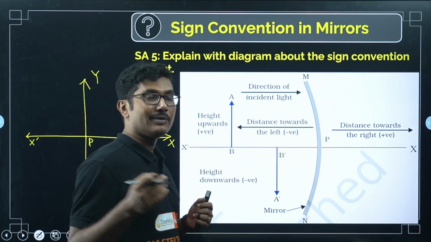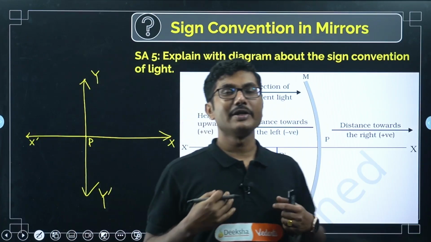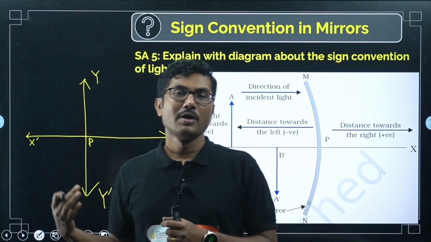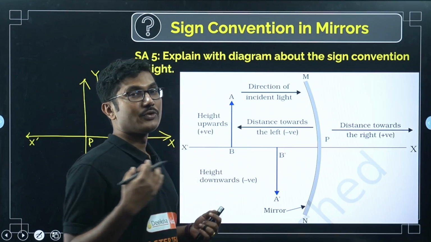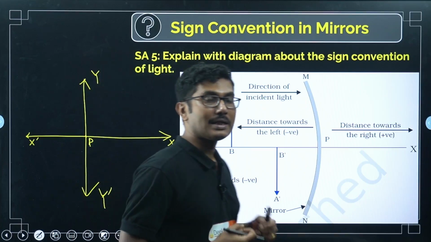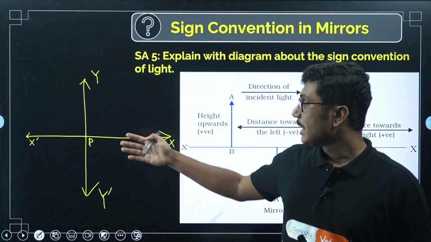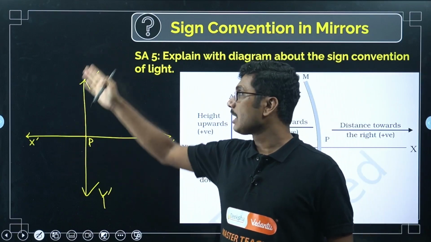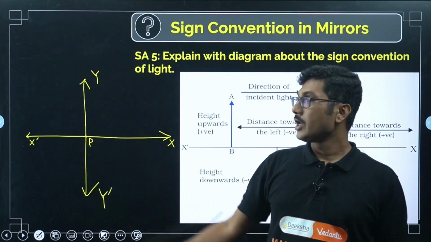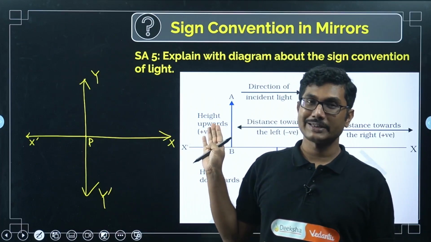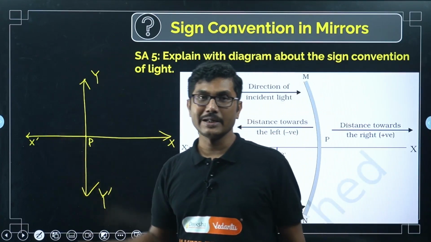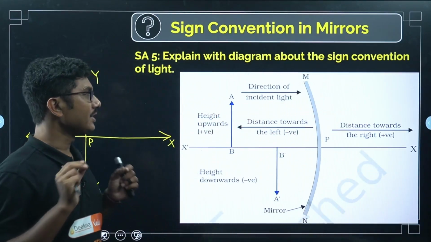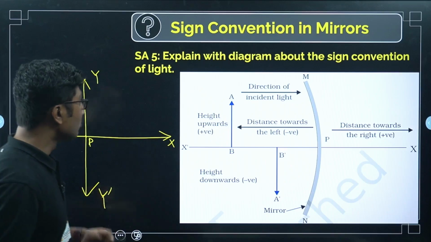Initially when I was a student, it was very difficult for me to remember what type of sign I have to use for u. I was always getting confused, plus minus, but this is the easiest way to remember. If you remember your coordinate system, that anything along the positive x-axis is positive and anything along the negative x-axis is negative, then your life is easy. Now let's move on.